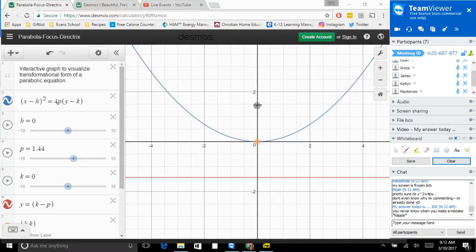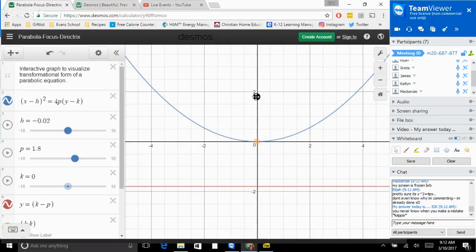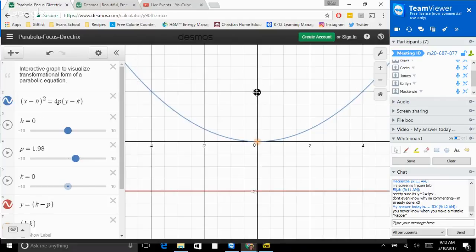The focus and the directrix are always equidistant from the parabola. What does that mean? If I draw a line from the focus point to the parabola, and a line from the parabola to the directrix, these two lines are the same length.